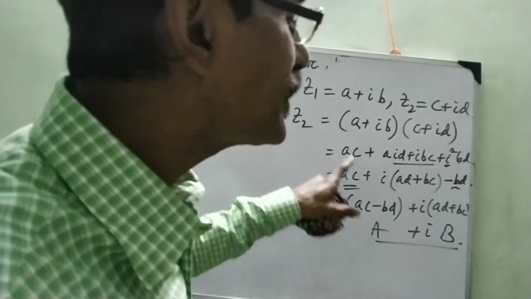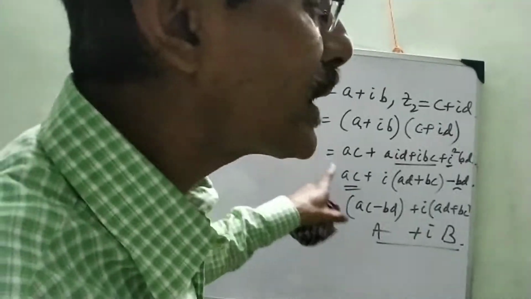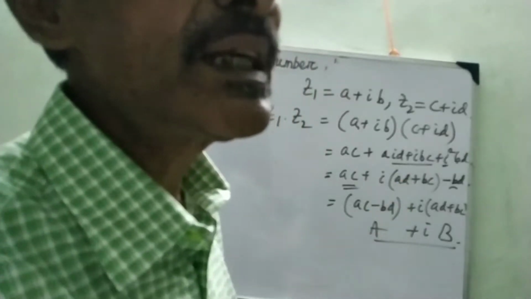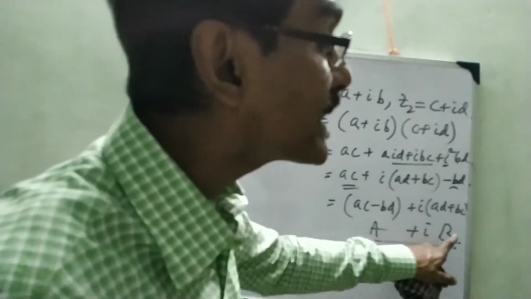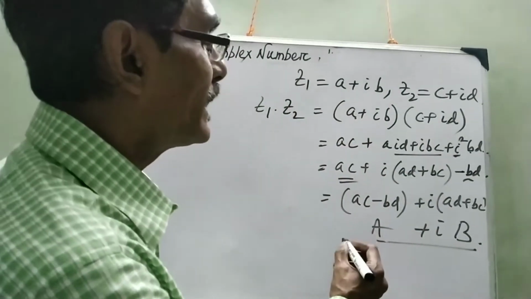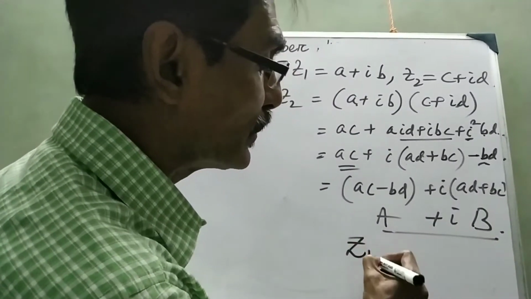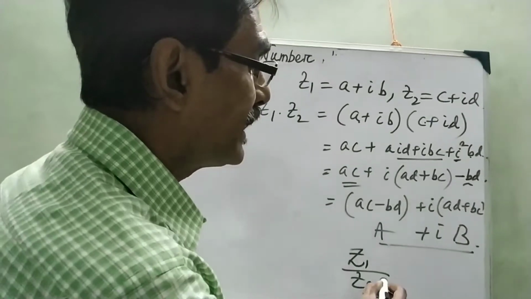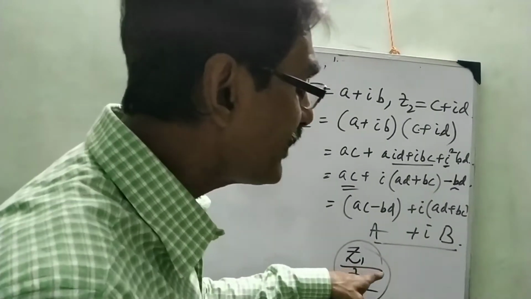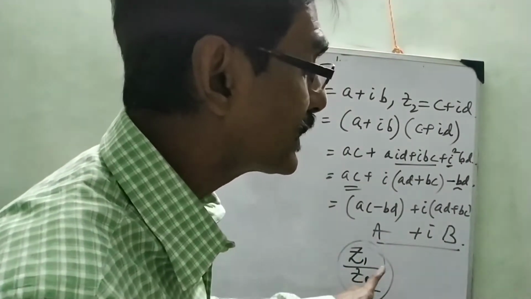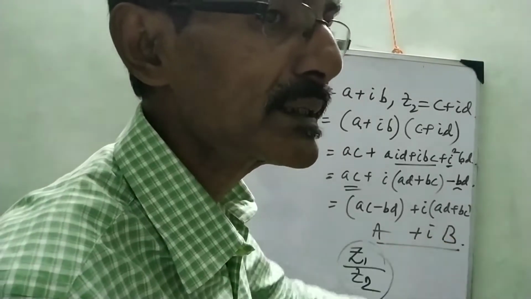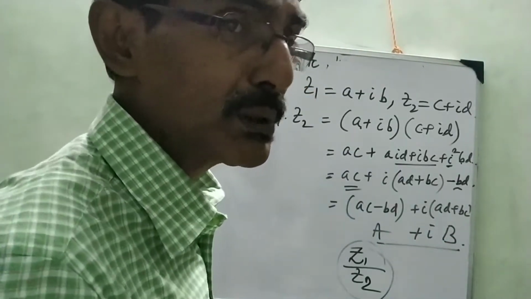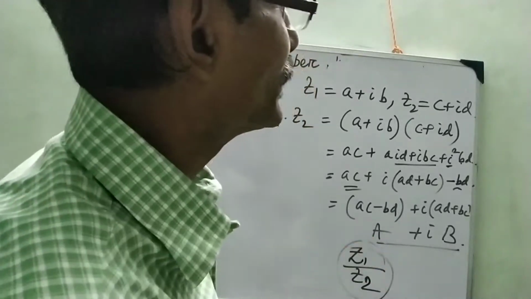So the product of two complex numbers is also a complex number whose standard form is A plus iB. And similarly, you will be able to do the homework, the division of two complex numbers. You will try to do it and finally you will try to show the answer in the form of A plus iB.